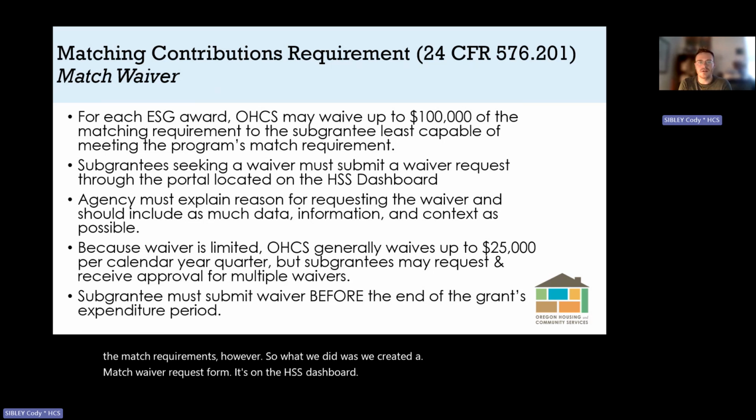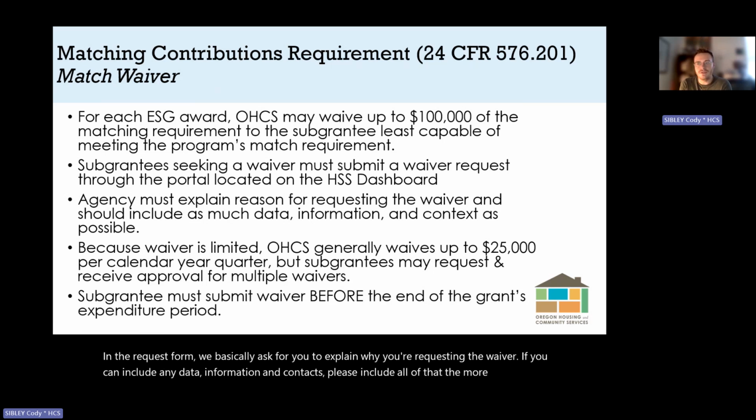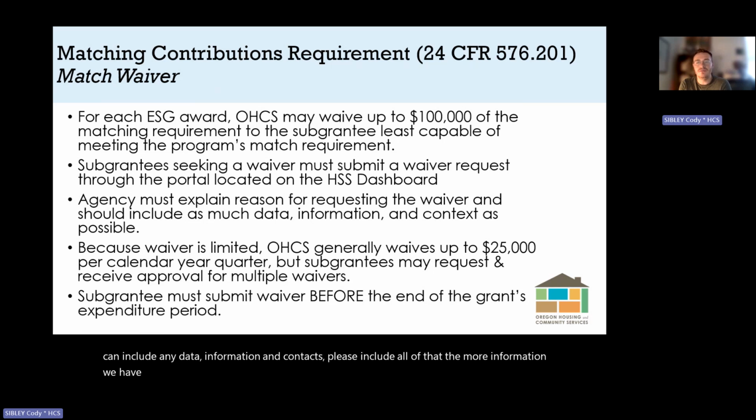In the request form, we basically ask for you to explain why you're requesting the waiver. If you can include any data, information, and context, please include all of that. The more information we have, the quicker and easier it is for us to make a determination. And also the more likely it is that you will be granted that waiver.